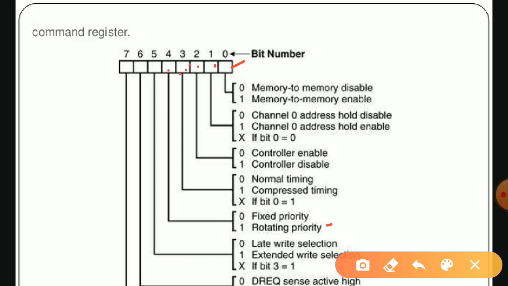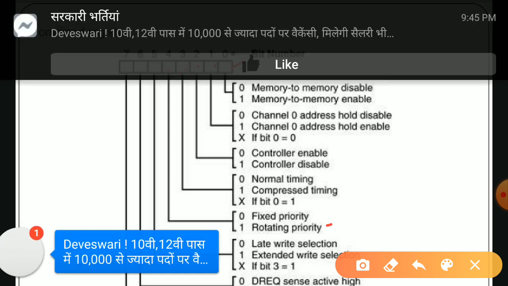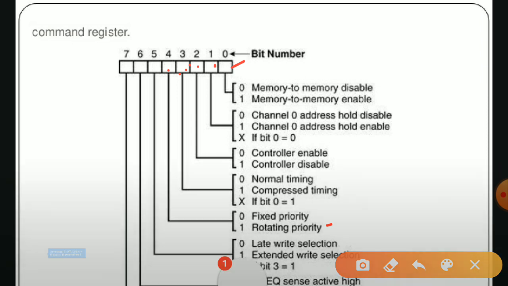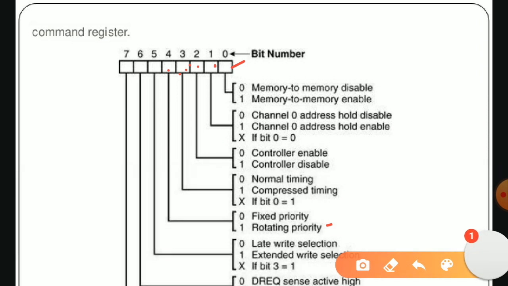Likewise, for every DMA cycle, the priority is rotated. That is fixed priority and rotating priority. To choose which priority encoding method we use, it is the fourth bit position in the command register.